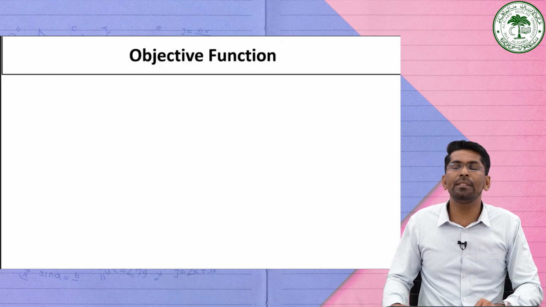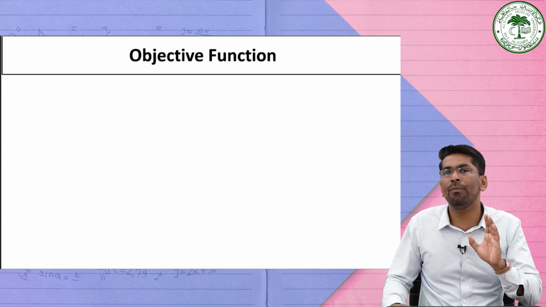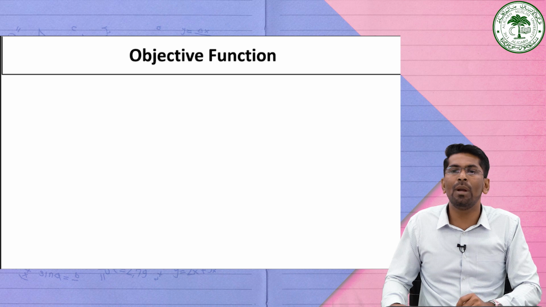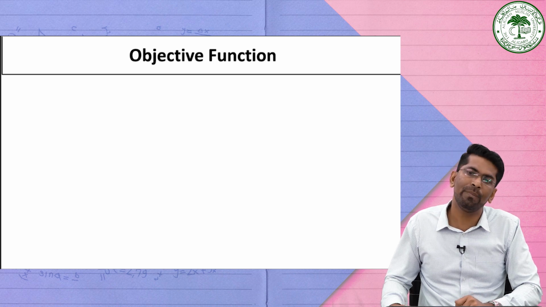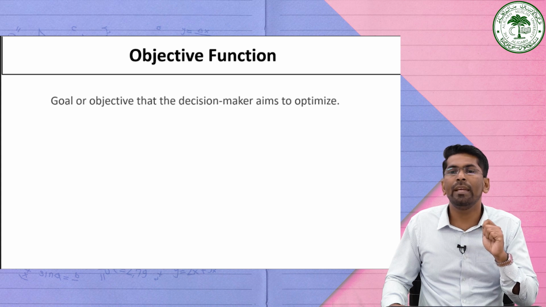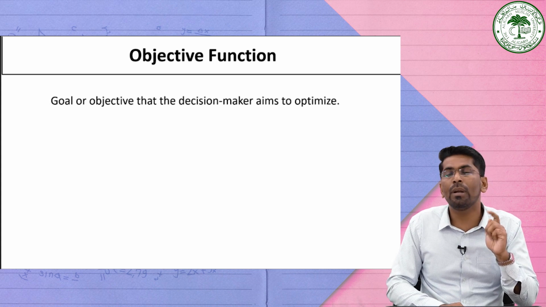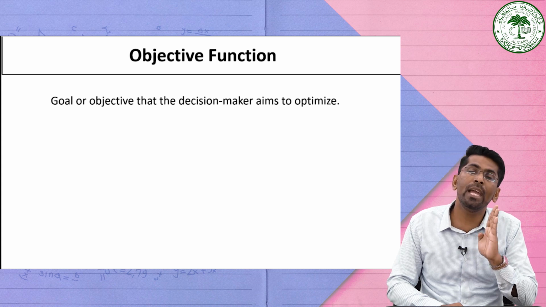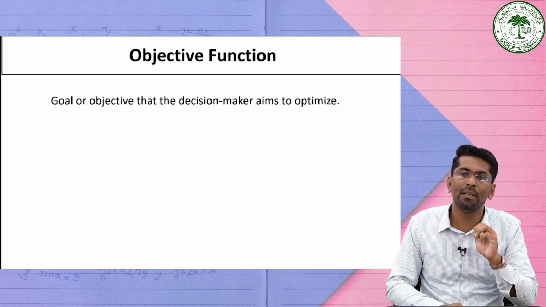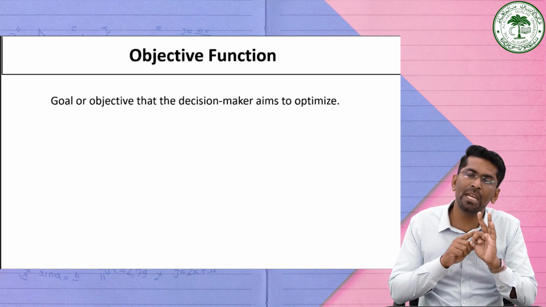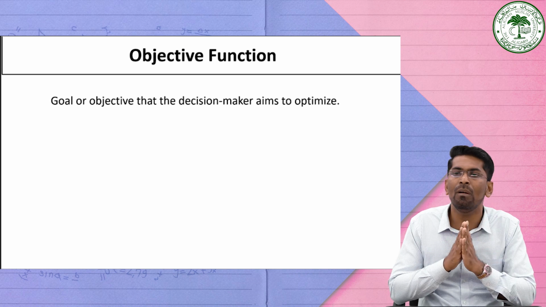So the first step is we have to identify the decision variables. After identifying the decision variables, we have to specify our objective function. Every linear programming problem has an objective function. The objective function is the goal that the decision maker aims to optimize. So it may be the maximization or the minimization of a particular objective.